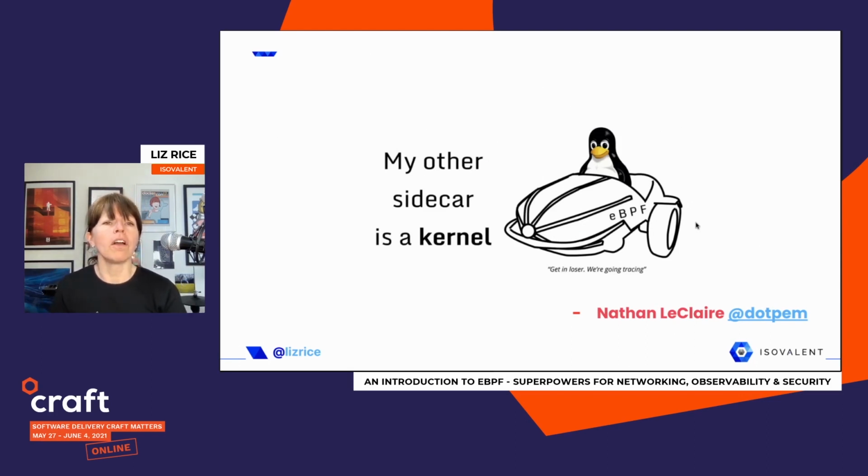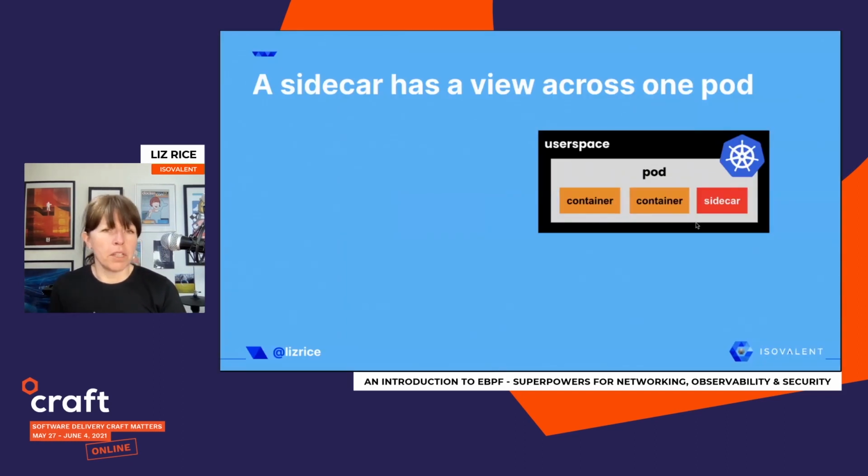A lot of observability and security tools today work by injecting a sidecar container into each application pod. Things like logging, it's very common to see configuration adding the logging component into a pod.